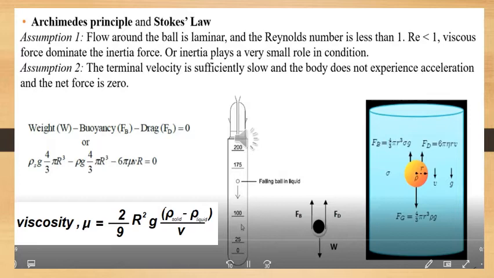So if we see a particle falling through a fluid at your right side with a velocity v, the gravitational acceleration g is acting, and sigma here is the density of the solid. So the weight is acting downward, while the buoyant force, in Archimedes' principle, is said to be acting upward, and also the drag force.